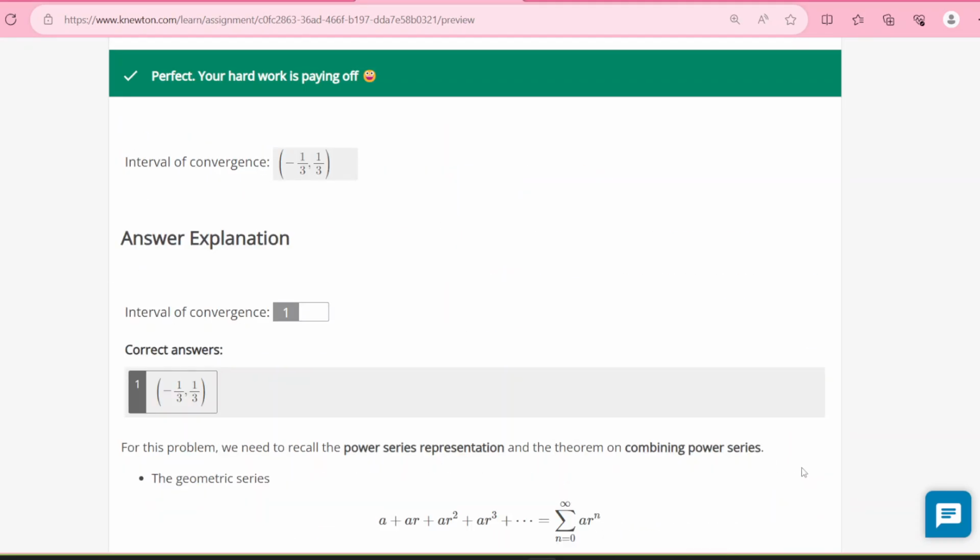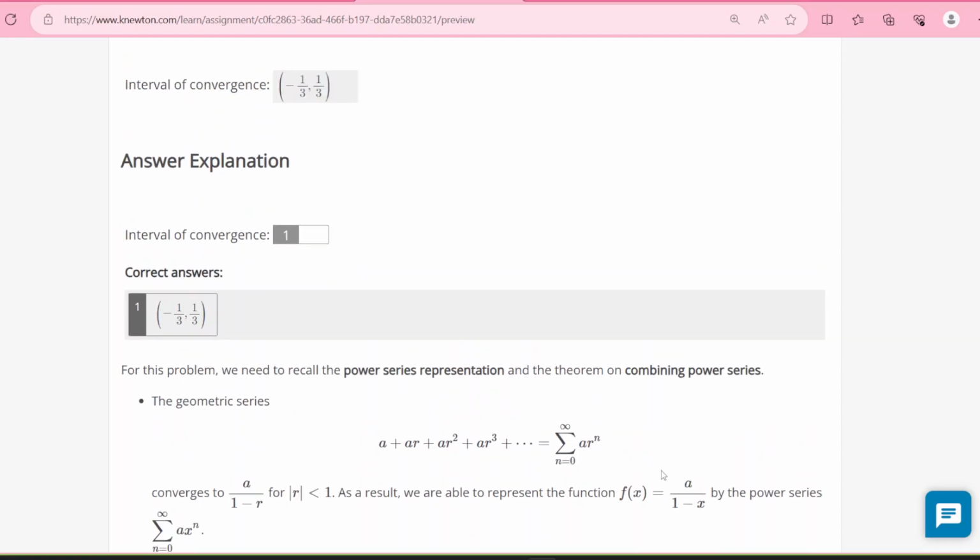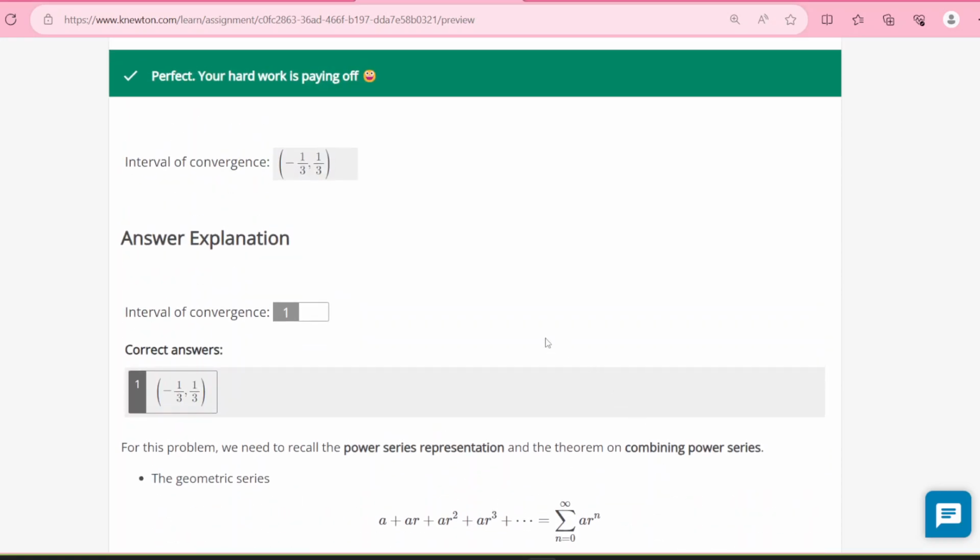All right, now after you submit an answer, you'll be given some sort of answer explanation, whether you're correct or incorrect. Now, if you are incorrect, definitely read through these. Hopefully you can figure out where you went wrong, why you were wrong, and you can fix that for future questions that are similar.